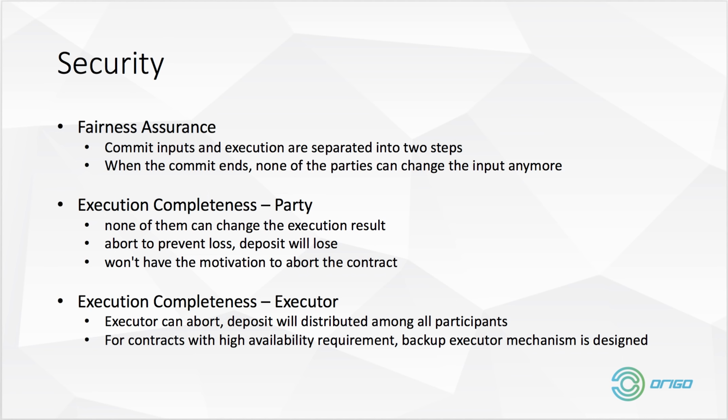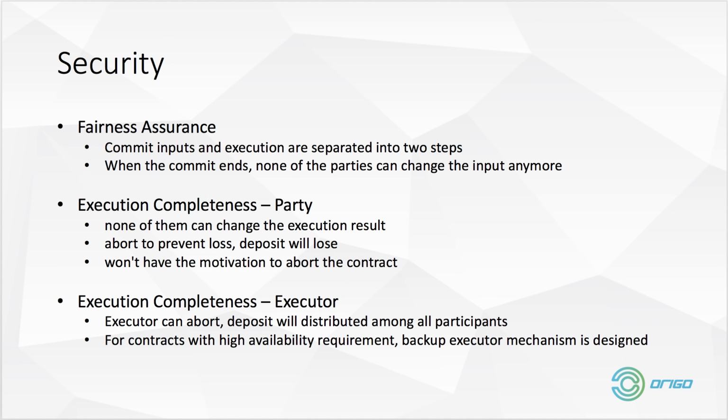You commit the inputs and the execution are separate, two steps. So when the commits end, none of the participants can change the input anymore. So even in a game against each other, you will keep the fairness. By this kind of protocol, no one can be friends with the executor and cheat on the result or the inputs and then win the game.